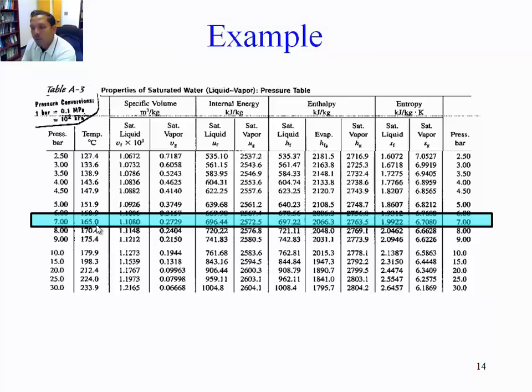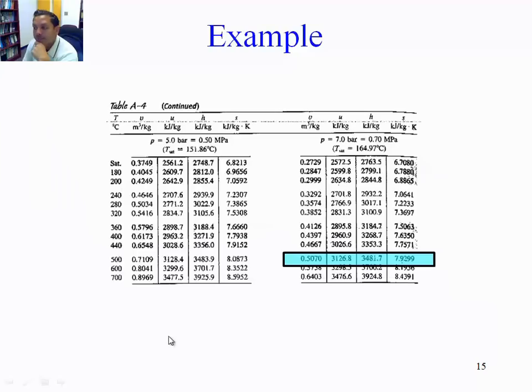We are being told that the reheat occurs at exactly 500 Celsius. When it's passed again through the boiler, it's 500 Celsius. So that reheat is obviously superheated. At 7 bar and 500 Celsius, this is the enthalpy and this is the entropy. 3481.7 and 7.9299.